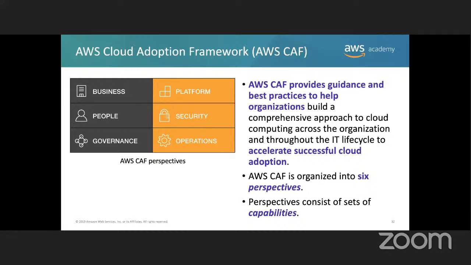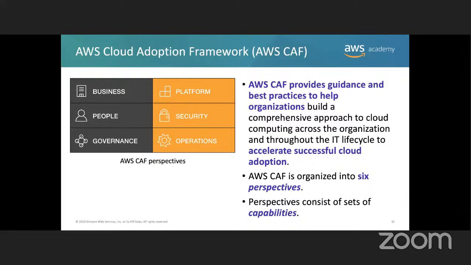The AWS Cloud Adoption Framework provides guidance and best practices to help organizations identify gaps in skills and processes. It also helps organizations build a comprehensive approach to cloud computing, both across the organization and through the IT lifecycle, to accelerate successful cloud adoption.